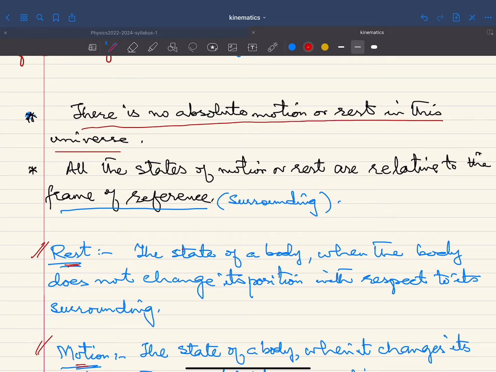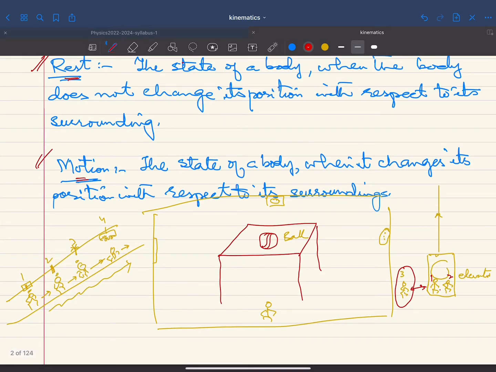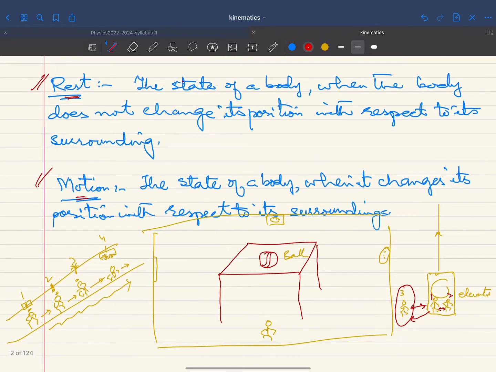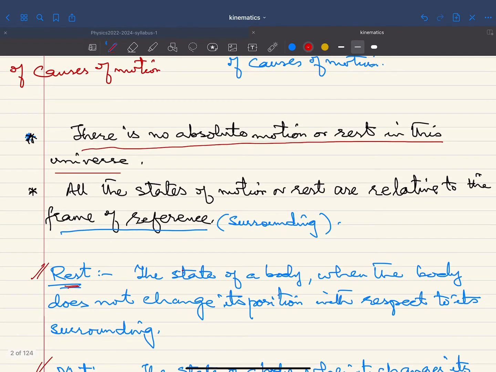As in the example I just gave, these two persons are at rest with respect to each other, but they are moving with respect to the third person. So they cannot say that they are at rest or that they are moving. That's why we use this sentence: there is no absolute motion or rest in this universe.